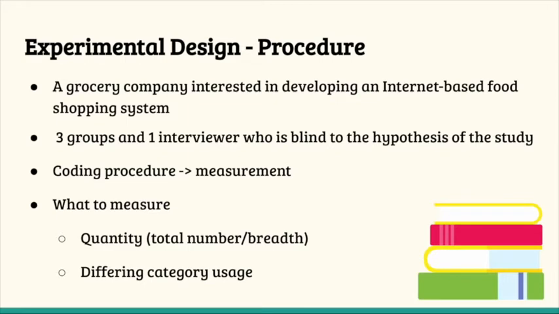Once all requirements are gathered from users, researchers coded their responses according to the generic requirement category and then started the measurement. The measurements that the researchers were interested in were the quantity of requirements and the quantitative difference in information elicited by the 3 prompting techniques.